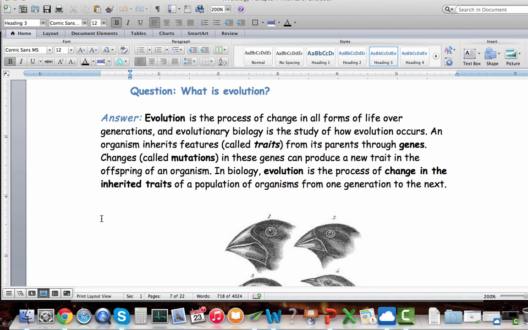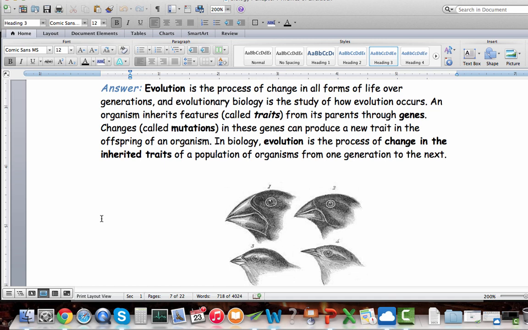Question. What is evolution? Answer. Evolution is the process of change in all forms of life over generations, and evolutionary biology is the study of how evolution occurs. An organism inherits features, called traits, from its parents through genes.